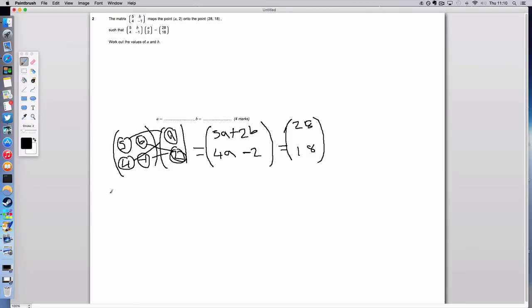Well, as you would deal with normal equations, I'll put a little asterisk down here: we would have 5a plus 2b is equal to 28, and then we have 4a minus 2 is equal to 18. Okay, so you can see the link here, because this is the x point and this is the x point, this is the y point and this is also the y point. So these are equivalent.